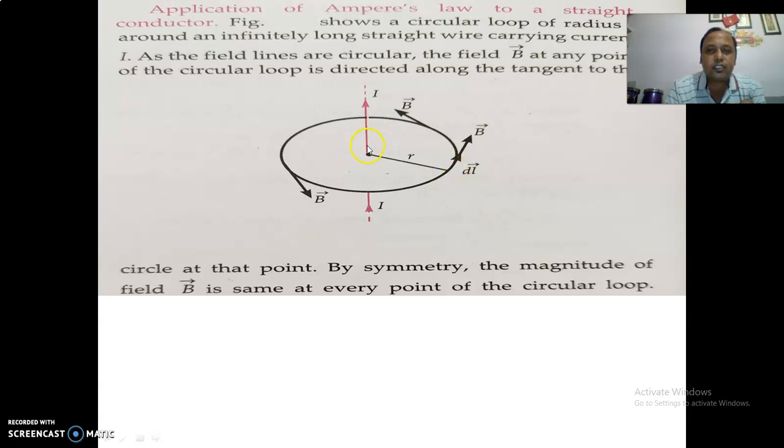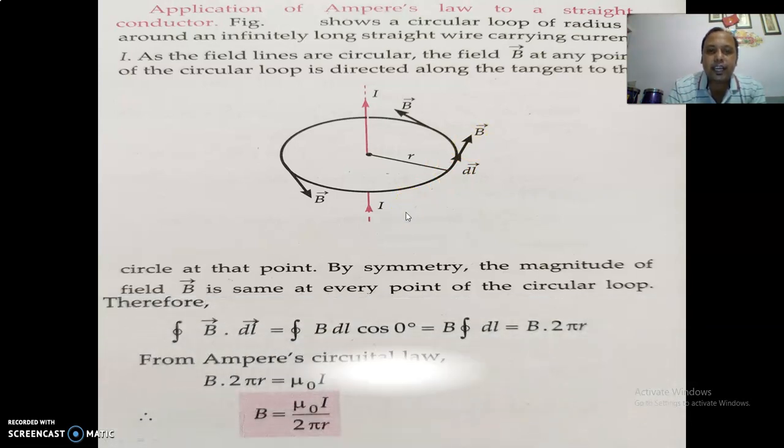Taking this point at the center, you draw a circular path which represents the Amperian loop, a closed loop, and you take a small length dl in that loop. The direction of dl and the direction of the magnetic field are the same.